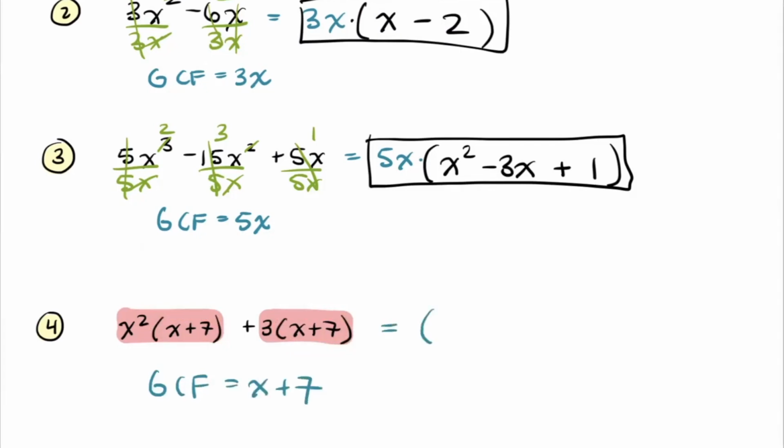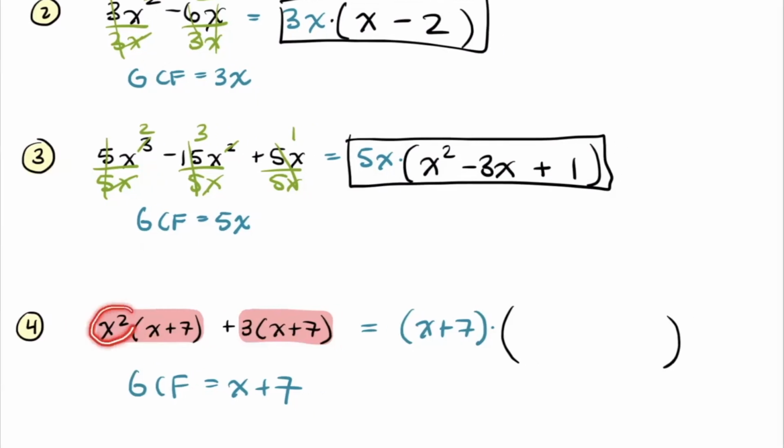So when we factor this, we're going to put the x plus 7 in the front. We're undistributing it from here and here. And what's left over is basically what's in front of the x plus 7. We're basically dividing this by x plus 7, which will cancel it out. Same thing over here.